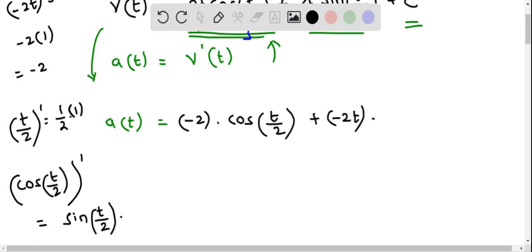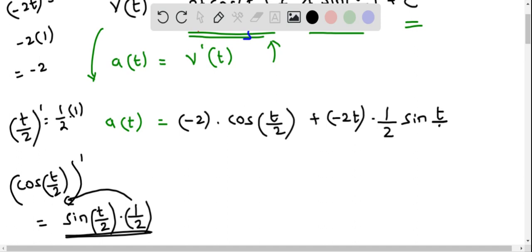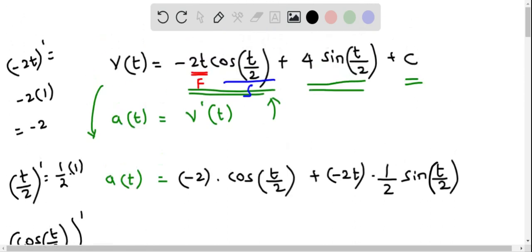So it is basically equal to 1 by 2. So this is the derivative of cos of t by 2. We can put this 1 by 2 in front, that is 1 by 2 times sine of t by 2. So we found the derivative of the first function.